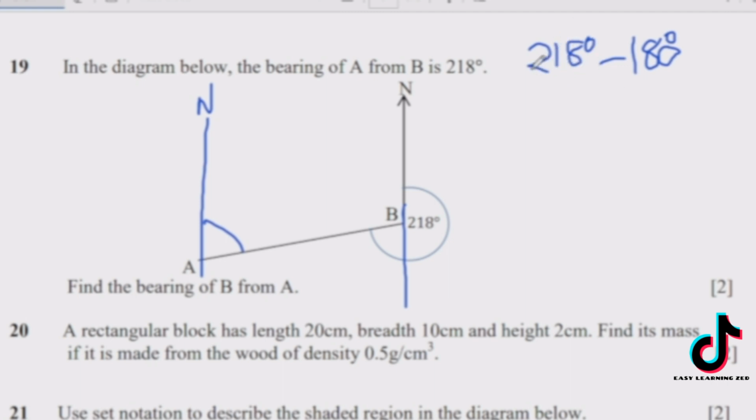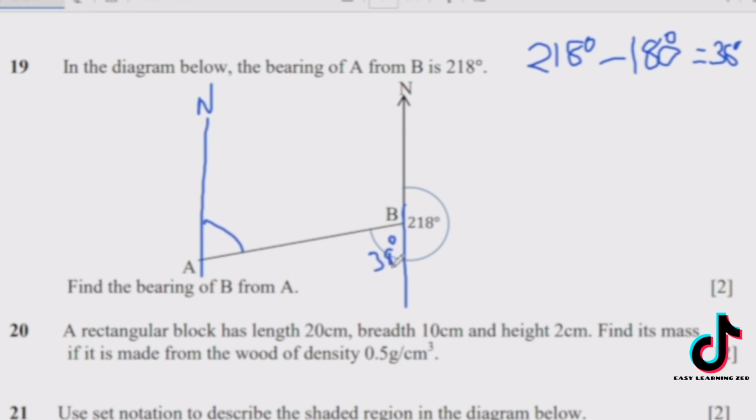Subtracting 180 from 200 gives us 20. Now 20 plus the 18 on top gives us 38. So the answer here is 38 degrees. That is the value of this angle.